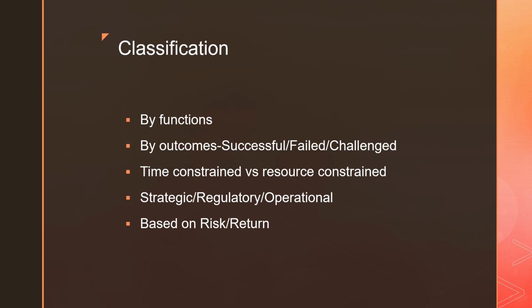There is no option for the company to not pursue a compliance project. It is mandatory. Therefore, when we prioritize these categories, compliance project is first. There is no option. These are statutory projects. Then priority comes to strategic projects. Then after strategic projects, the priority comes to operational projects.